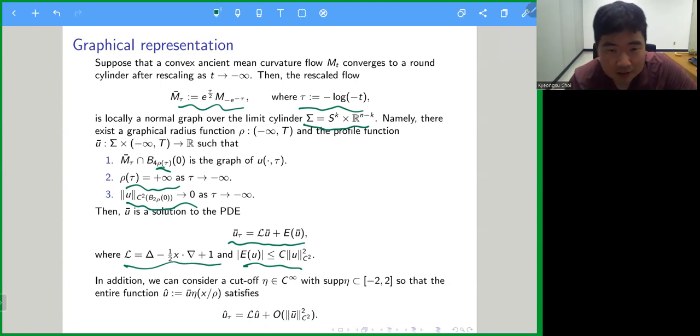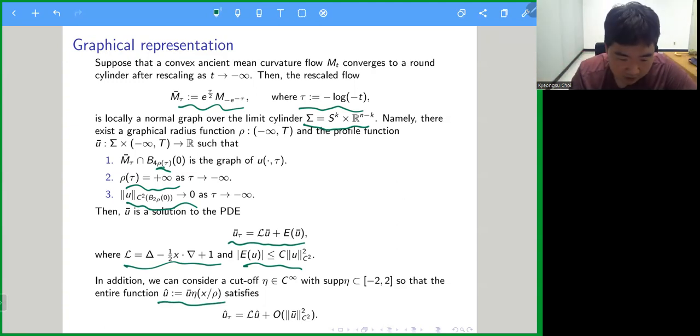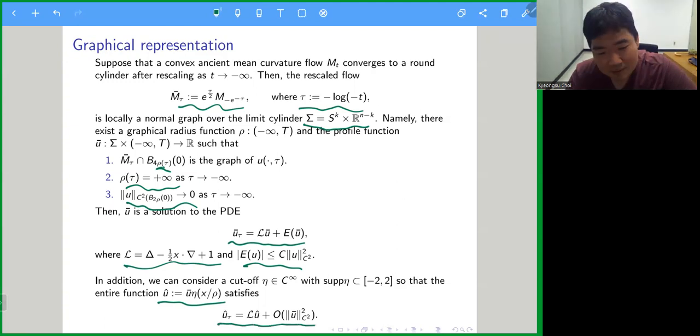But this u bar is not an entire one. To consider the entire case, because of the cutoff function, this u hat is 0 outside of the graphical region. So anyhow, u hat is a nice entire solution to this kind of PDE: a linear PDE plus a linear term plus a quadratic error.